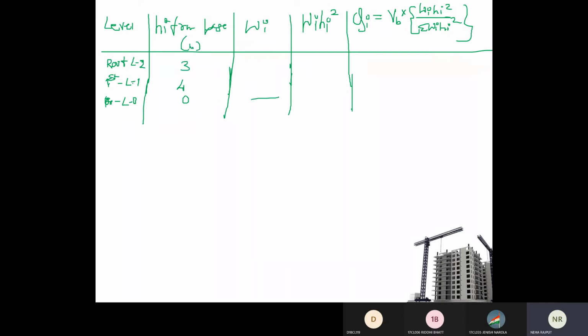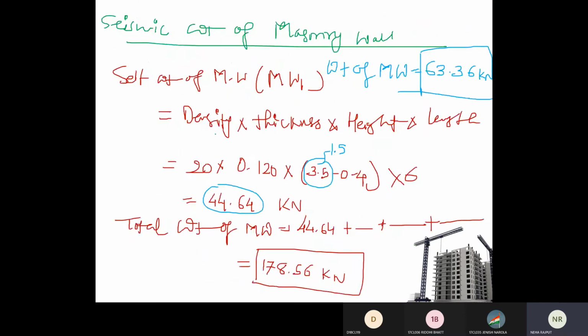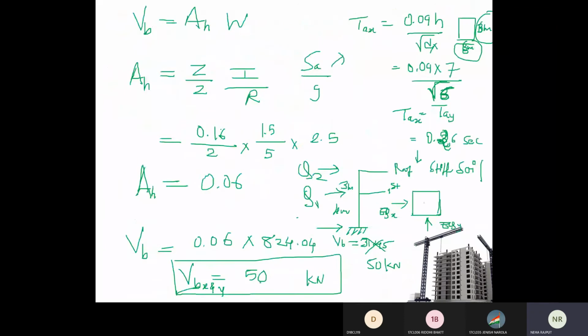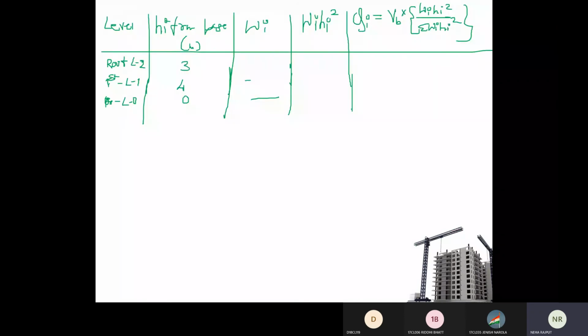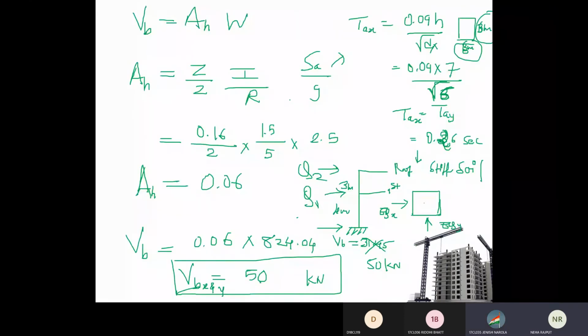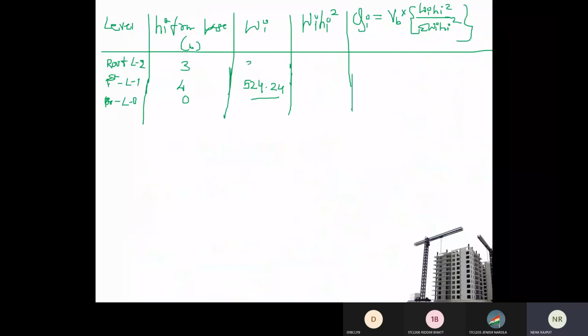The weight of level 1 is 524.24, and the level 2 weight is 299.8. This is in kilonewton.